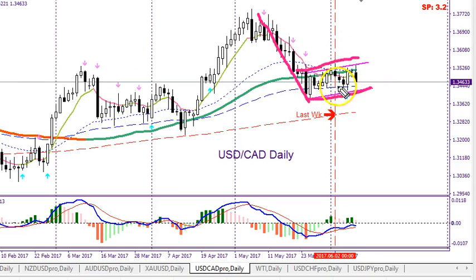It's an upside down flag, and my bias is right now just sideways. We want to wait to see what's going to happen, and again, price may be determined by the price of oil. We're going to take a look at that in just a second. But right now, it's just going sideways, just up, down, up, down, up.